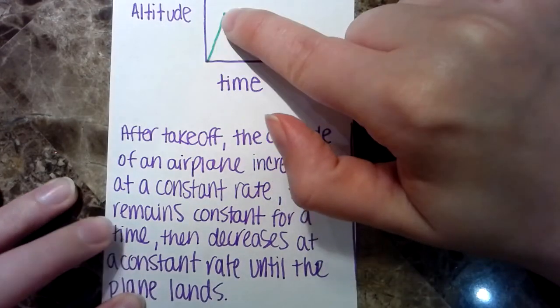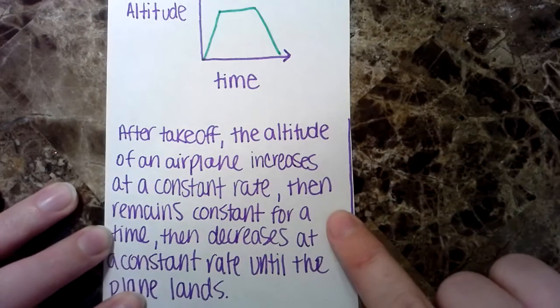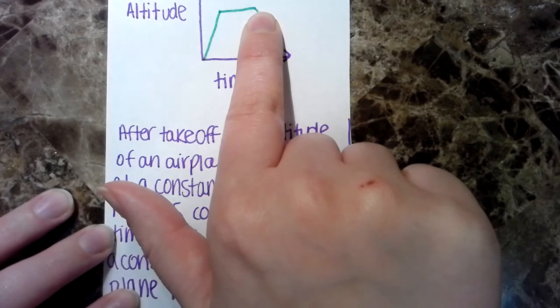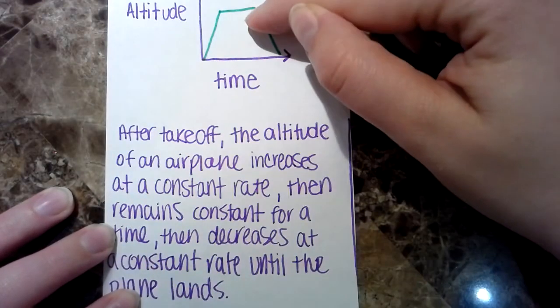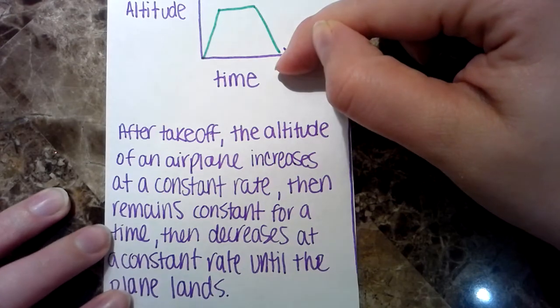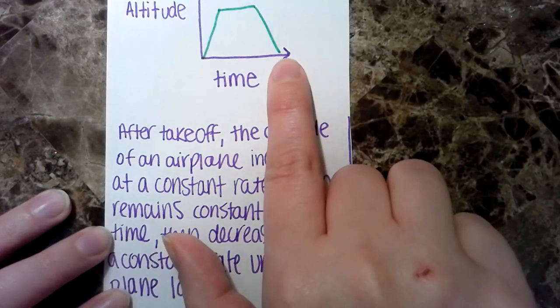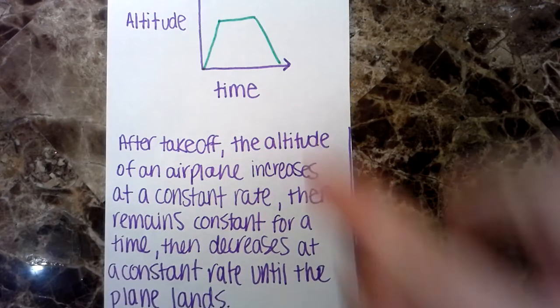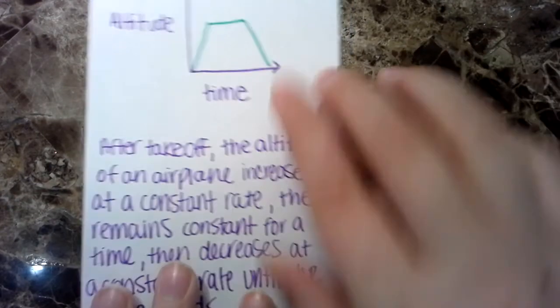So that's this point. Then it remains constant for a time. So basically it's flying in the air at a certain altitude, and then it decreases at a constant rate until the plane lands. So now it's at an altitude where it's on the ground, so that is your decreasing.